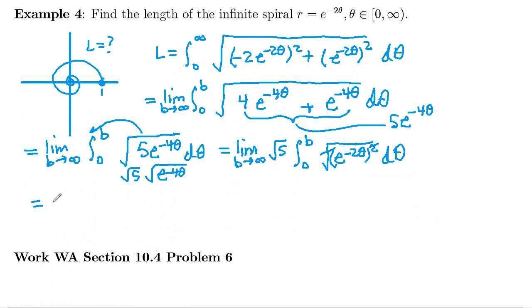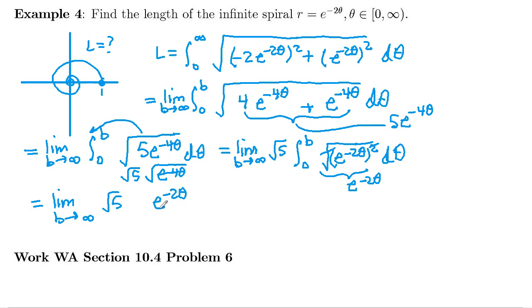And so this will be limit b goes to infinity. Antiderivative of e to the negative 2 theta here is e to the negative 2 theta. Well, I need my root 5 outside. And the antiderivative is e to the negative 2 theta. And then instead of multiply by negative 2, we're going to divide by negative 2.